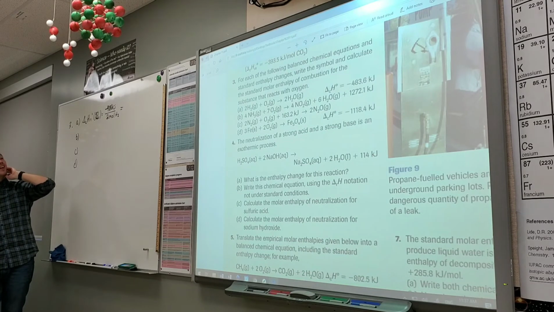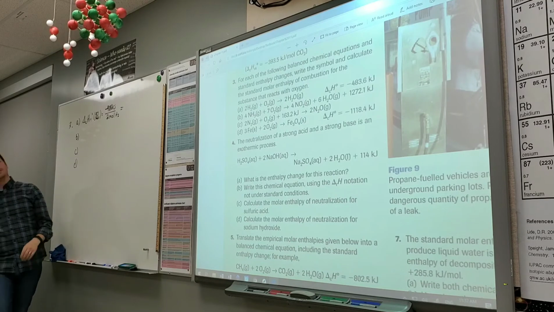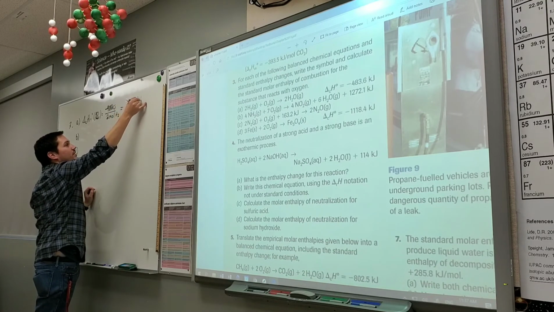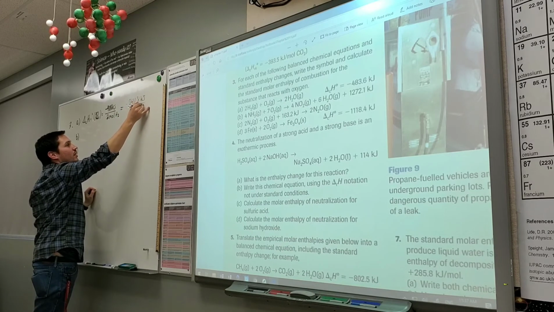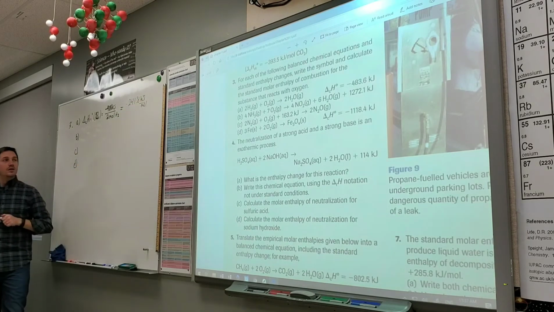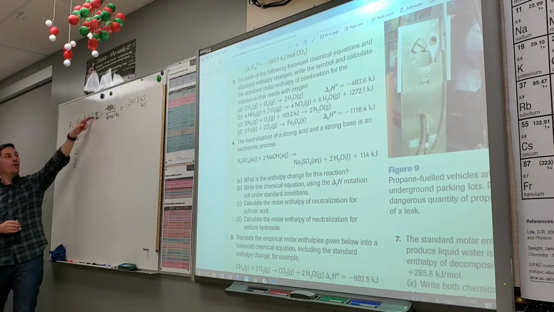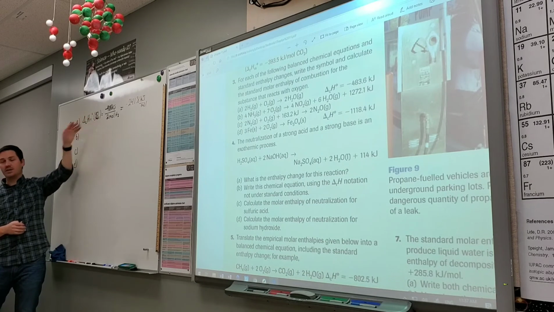It's negative 241.8 kilojoules per mole. Okay, does that make sense? Yes, we're just using unit analysis to get the molar enthalpy for this reaction.